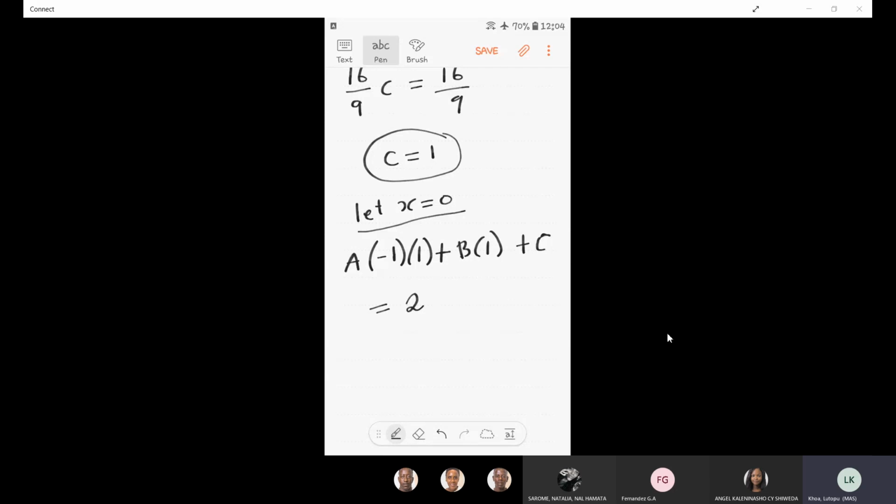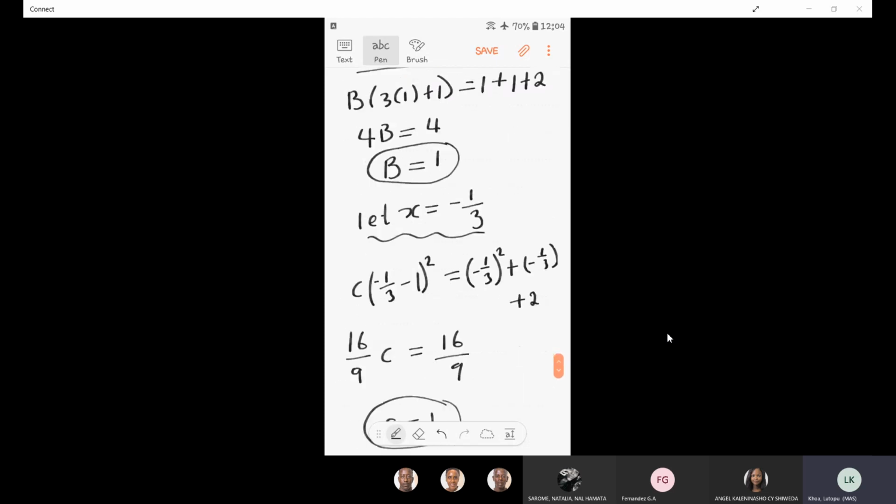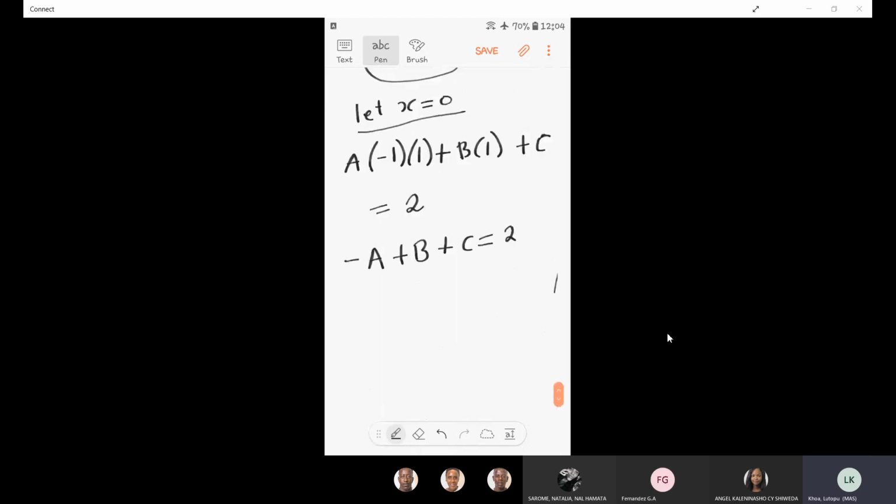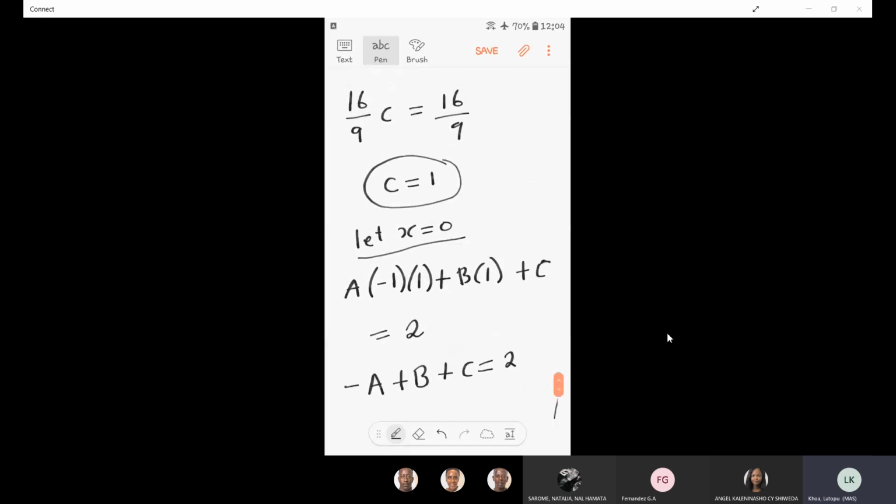When I add that to 2, I'm only left with 2. So here I have minus A plus B plus C. This is equal to 2, but we already know the values of B and C. Yeah, B is 1 and C is 1.